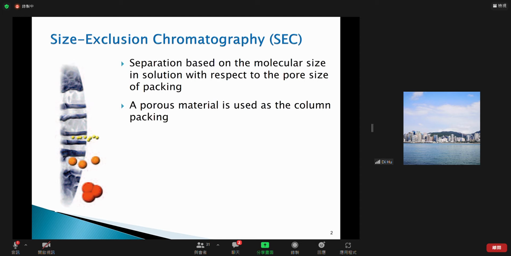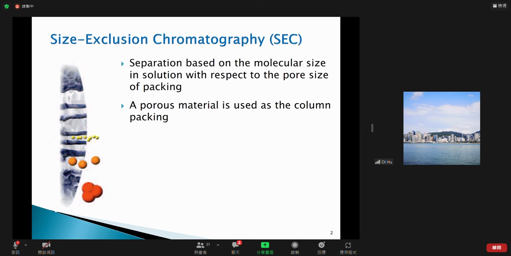Because separation is based on simple molecular size classification rather than any interaction between the analyte and the stationary phase. We talked about reverse phase, normal phase, and partition chromatography. Reverse phase chromatography is based on the hydrophobic interaction between the analyte and stationary phase, right?